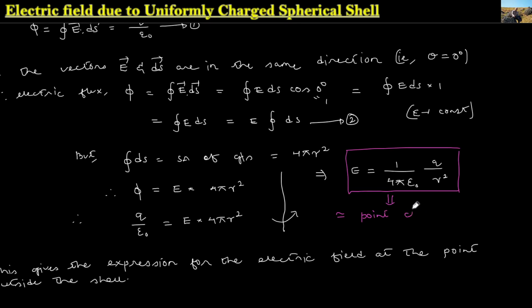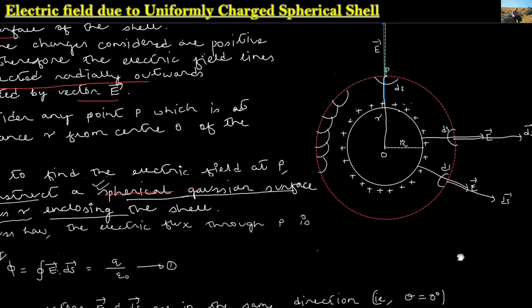What does it physically mean? It means that for any point which is outside this spherical shell, all these charges are assumed to be concentrated where? At the center of the spherical shell. So that is the main importance.